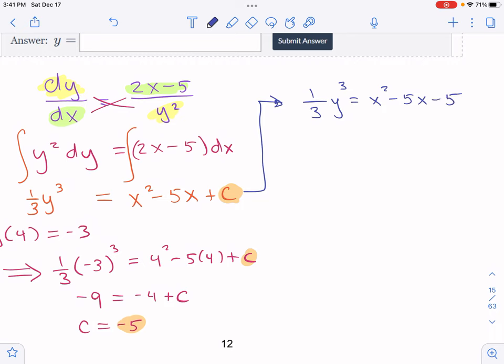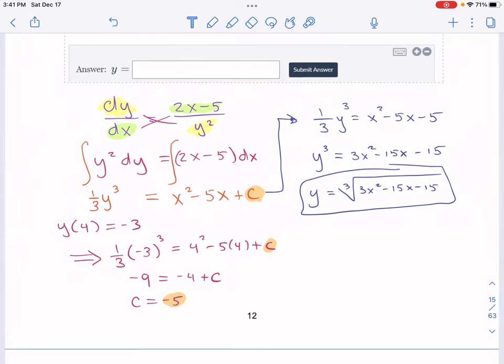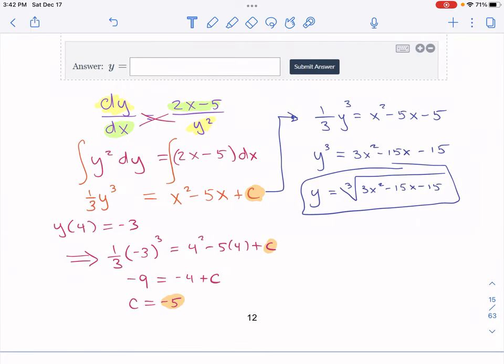I multiply both sides by 3 to get y cubed is equal to 3x squared minus 15x minus 15. And then I cube root. y is the cube root of this thing. And there's my particular solution to that differential equation.